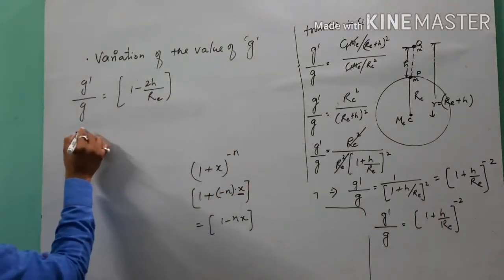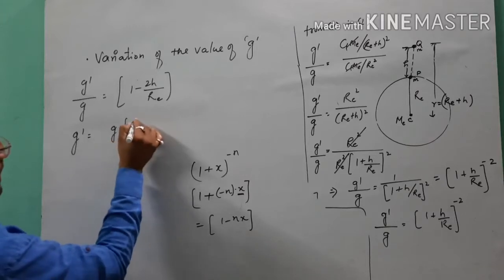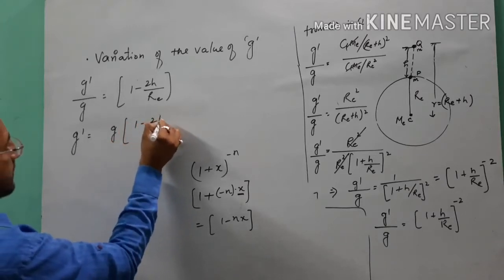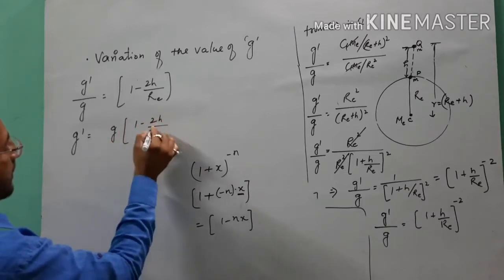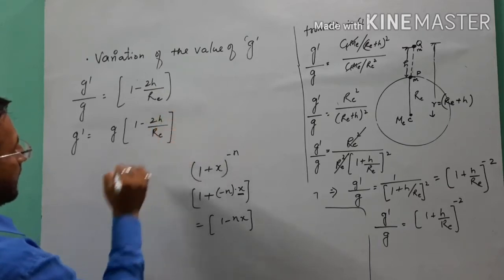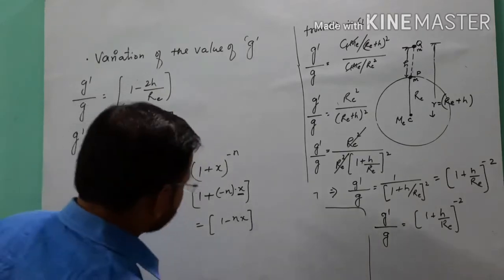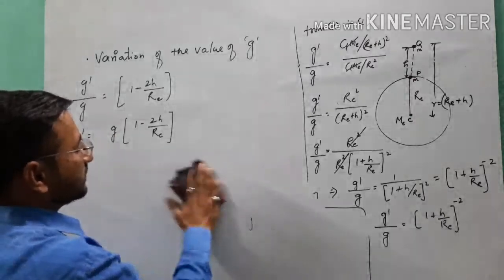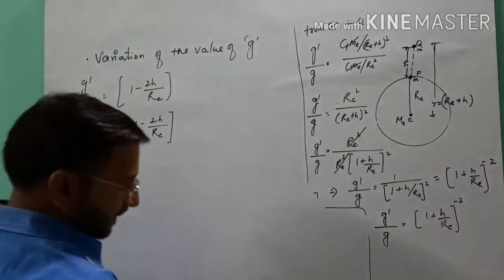By cross multiplication we will see the value of g dash, meaning acceleration due to gravity at height h, or you can say h distance above the surface of Earth, is this.